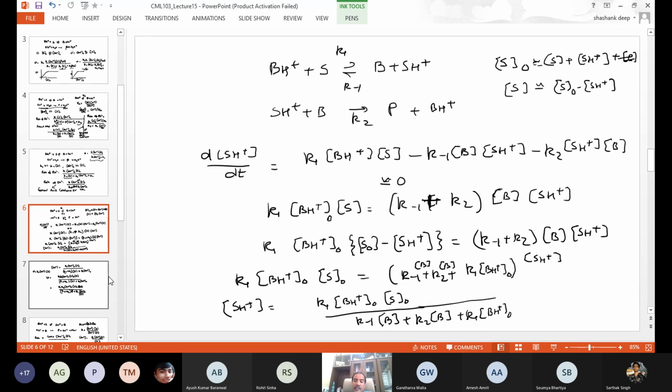Specific acid catalyzed means it only depends on H plus concentration.